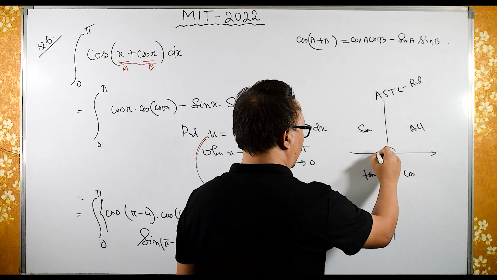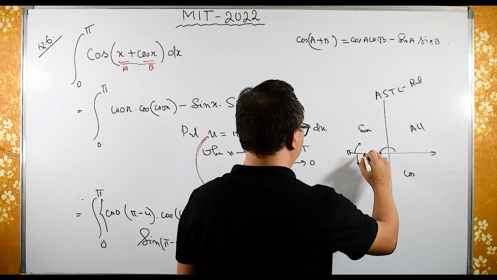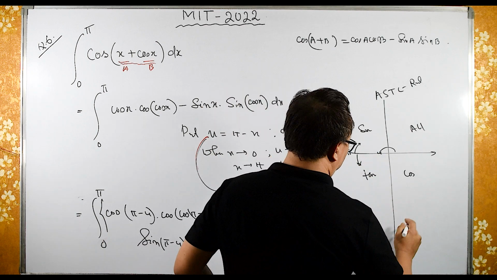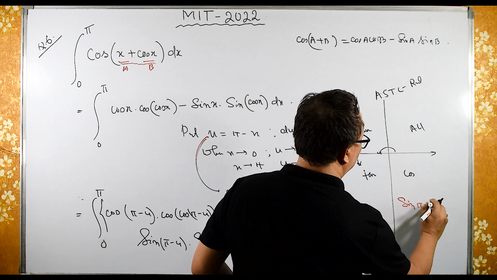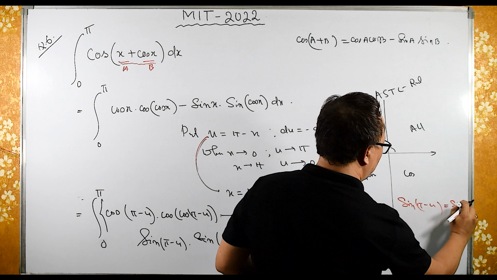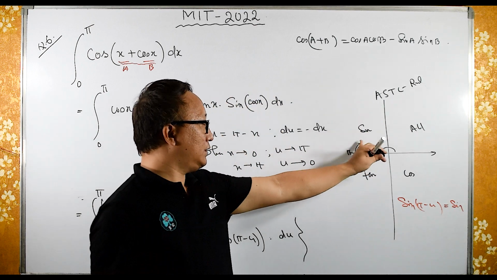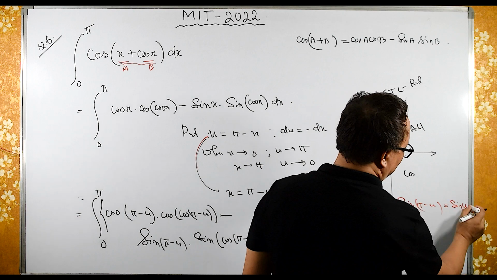Pi minus u is here, pi plus u is here. Sine of pi minus u stays sine, since it is the second quadrant where sine is positive. Therefore, it will be sine u.